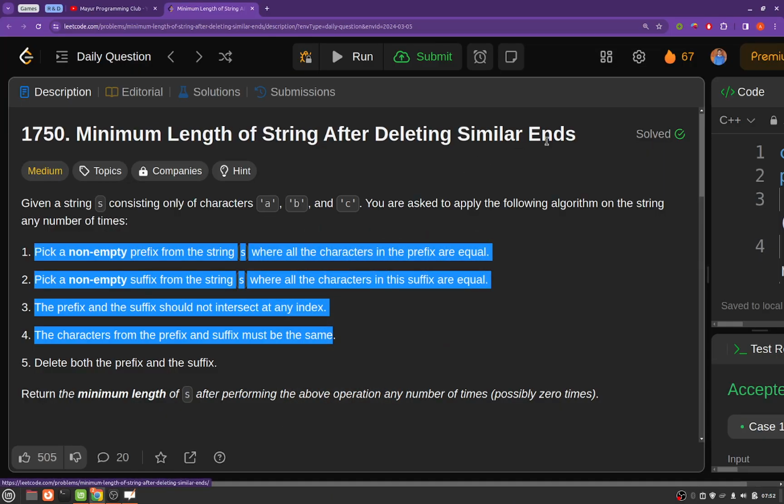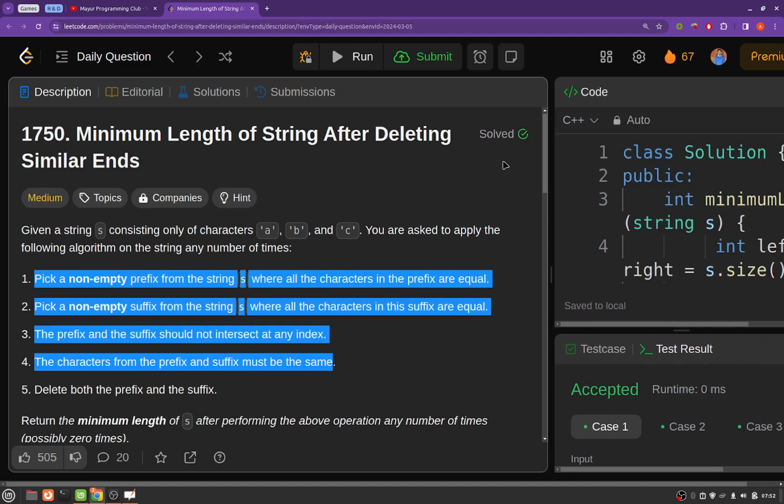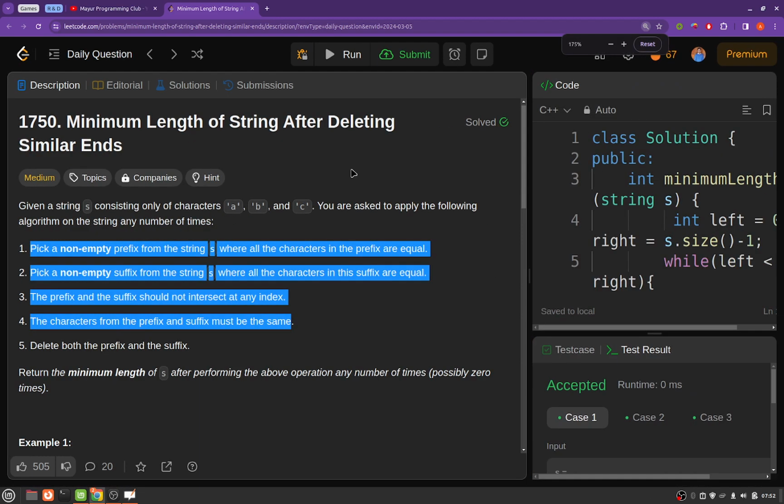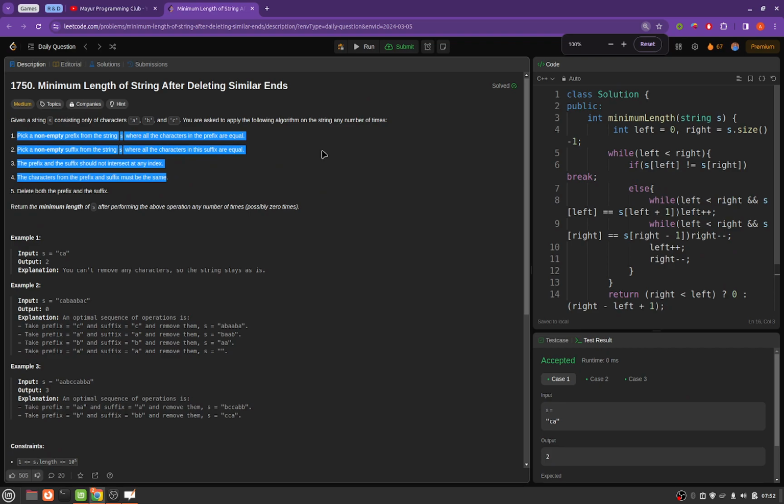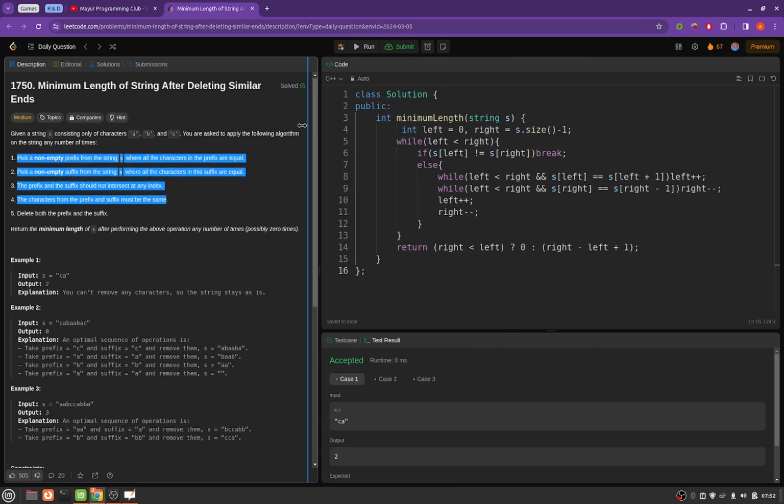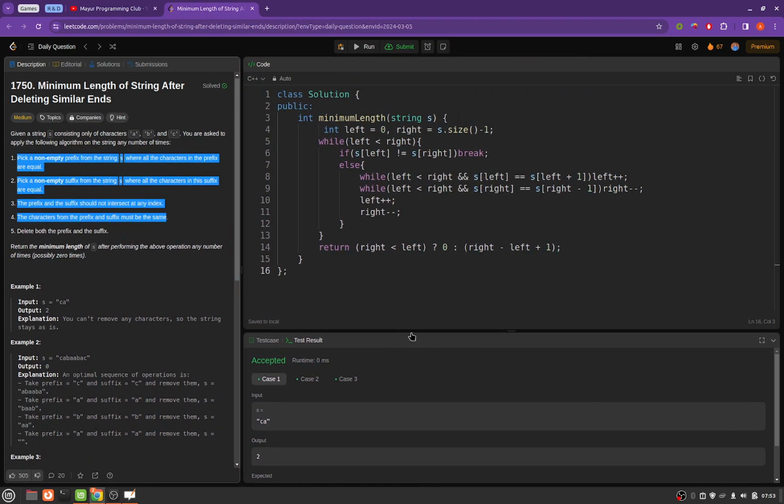Okay, so let me zoom out a little bit. Yeah, I think now it should be fine.